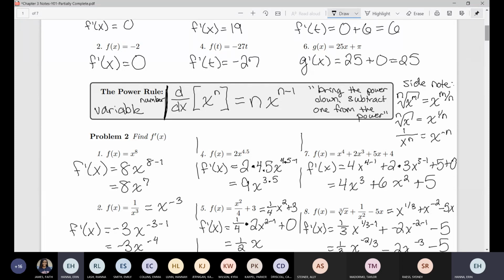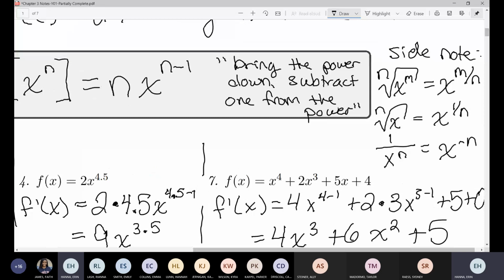Other than that, it's similar ideas. x to the 1 over n? Yeah. So like the 5th root of x would be x to the 1/5.